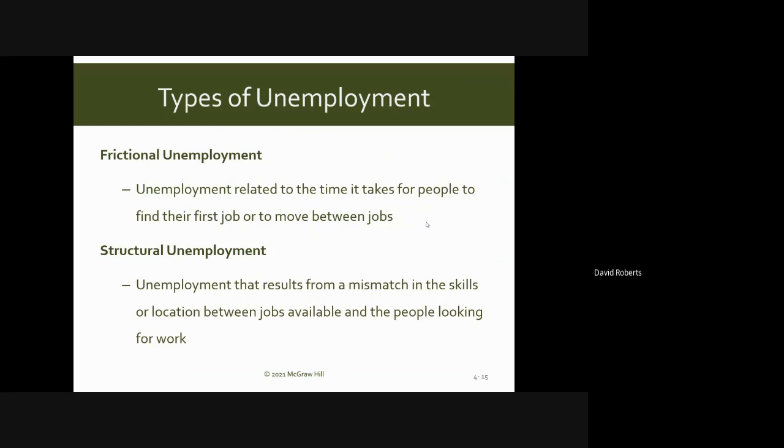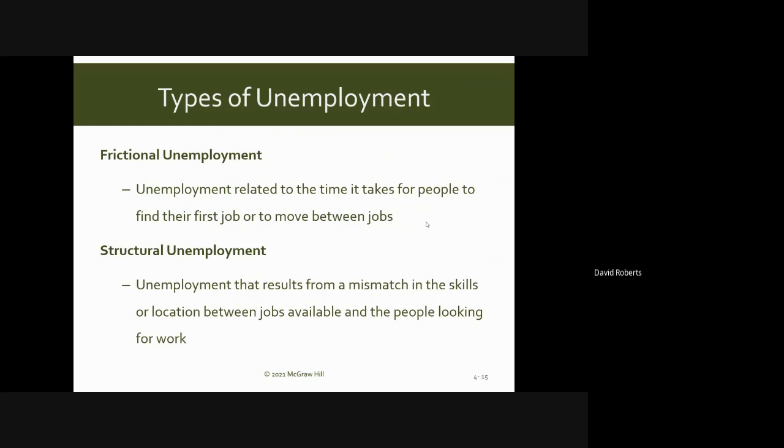Structural unemployment is a significant issue, because it's a mismatch in skills or location. So you have somebody who's a welder and they're in Manitoba, but the job is in Prince Edward Island, or somebody who is a carpenter and they're in Nova Scotia and the job is in Saskatchewan.